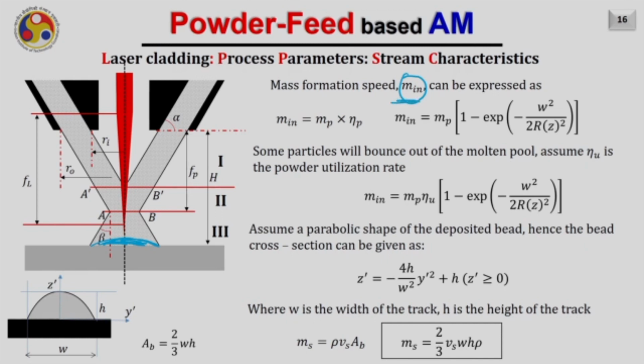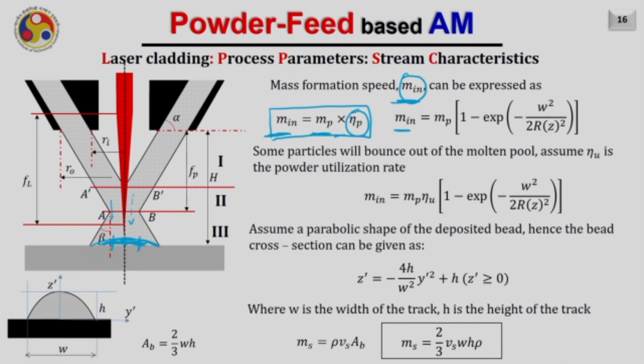So this mass in will be equal to, if the mass flow rate of the powder at any cross section, which will remain constant, is given by Mp, multiplied by the efficiency of the powder particles that are getting trapped into the molten pool, then we can easily find out the mass in, that is M in equals Mp into eta P.